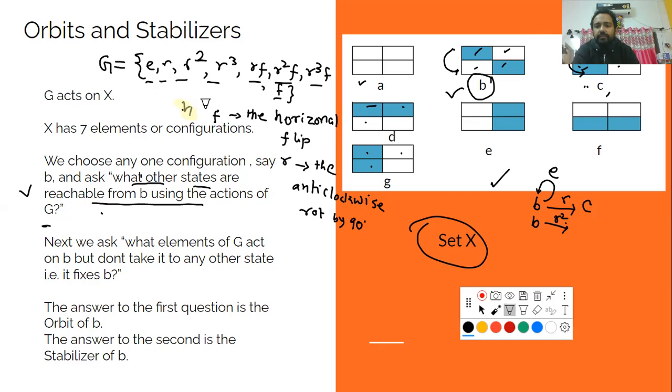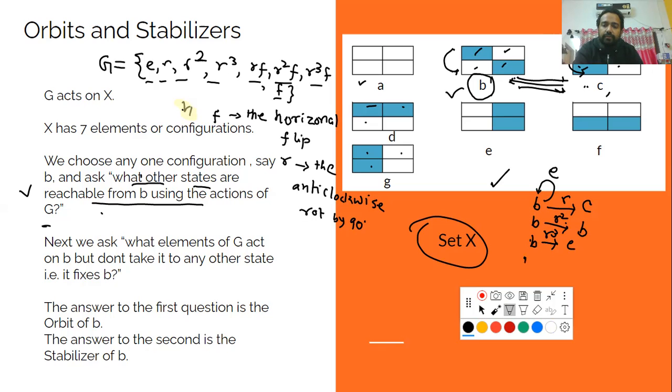So that gives us B. Next, what about the triple rotation? That'll be just applying R to B again, because with double rotation, you apply R once and go to C, apply it twice and you come back to B. So triple rotation is just applying R to B again. So again, we get C.